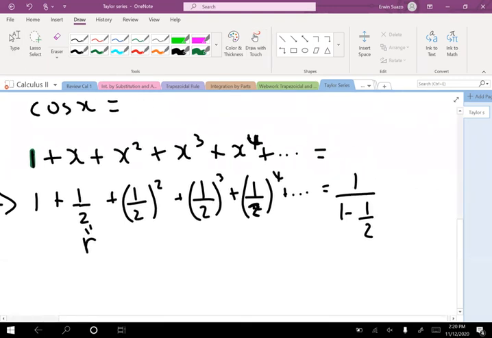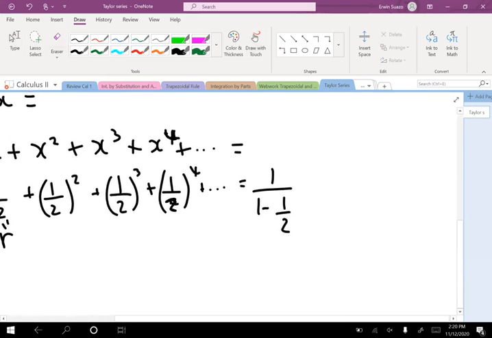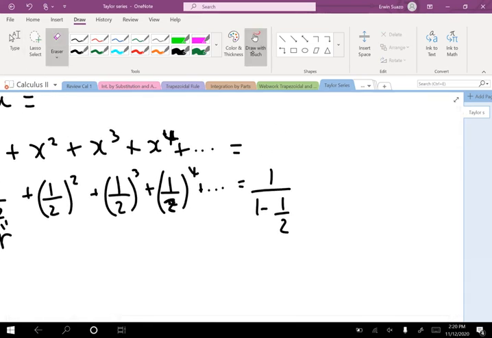So here, if the absolute value of x, so it could be also negative, is less than 1, this sum will be 1 over 1 minus x.